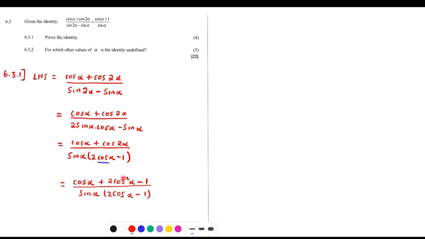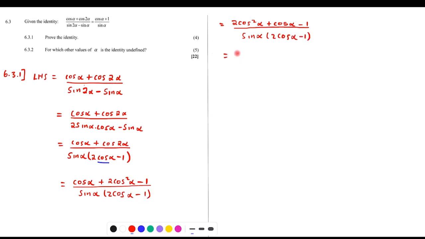And then from here I can see at the top I have the trinomial. So the trinomial is going to be 2 cos squared alpha plus cos alpha minus 1. So I need to factorize that one at the top, while this one I keep as it is there, right?